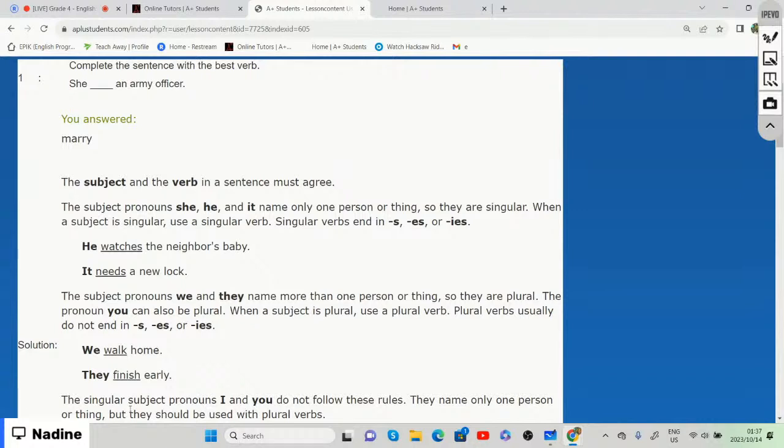So with a singular subject, we have the singular subject pronouns, which are she, he, and it. So the subject pronoun is she, he, or it.